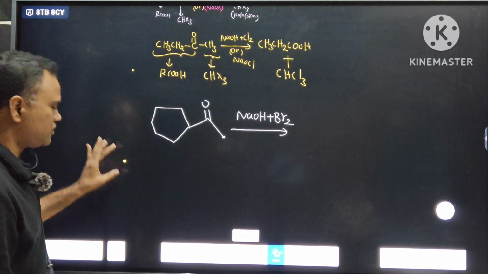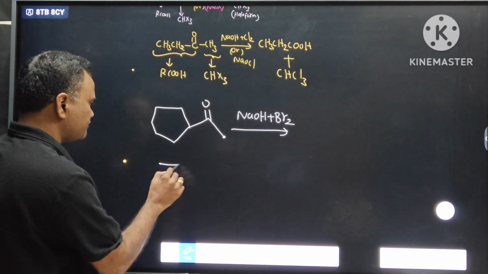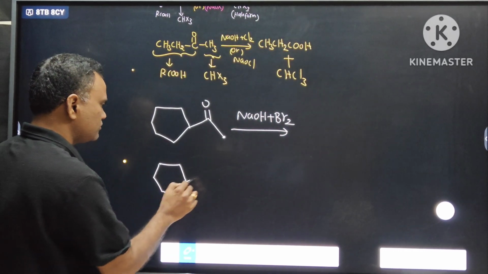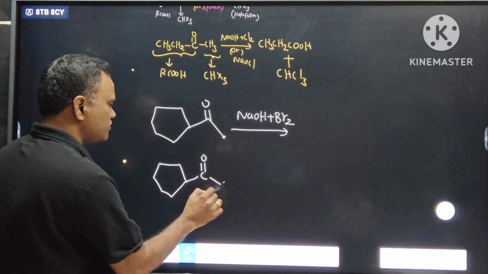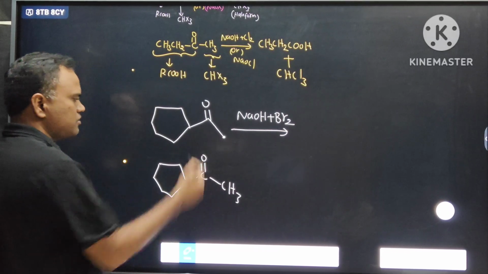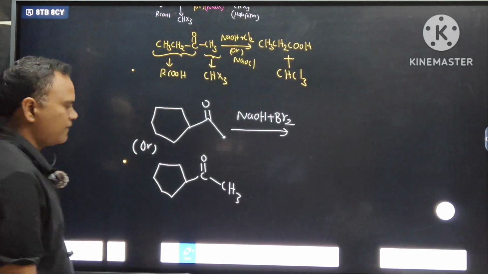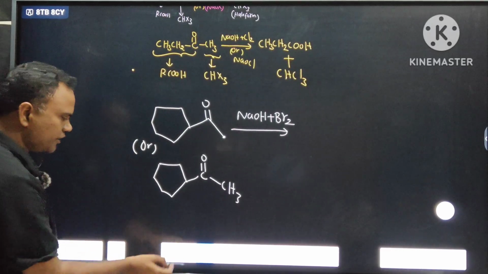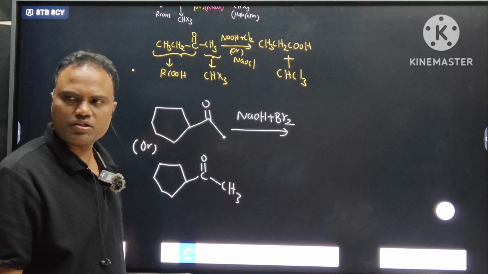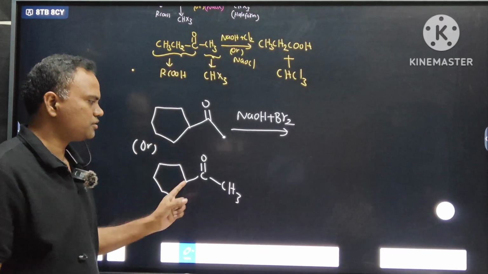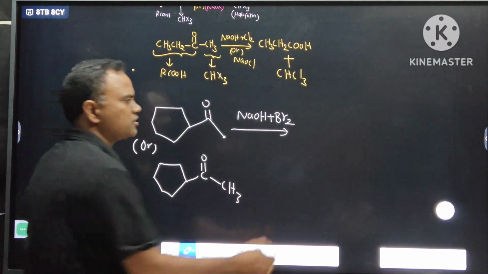See, this can be represented like this also: C double bond O CH3. Both are same. Okay? Write the product. What is R here? Yes, cyclohexane ring.